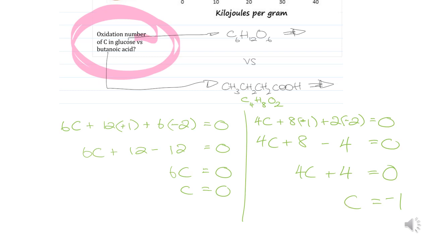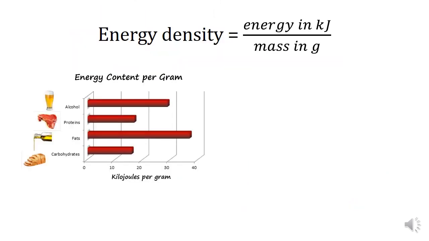Okay, continuing on. What I've got here is a graph of different sources of foods and their energy content. Fats, as we can see, have the highest energy densities.